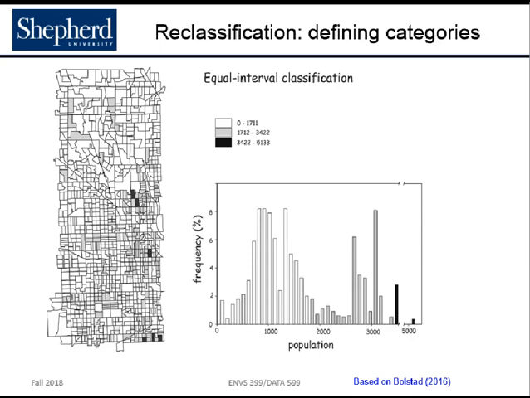So we see the various classifications. 0 to 1711 are classed as low. 1712 to 3422 are classed medium. And all counties above 3422 are classed as high. And we see the different color schemes: white, gray, and black.